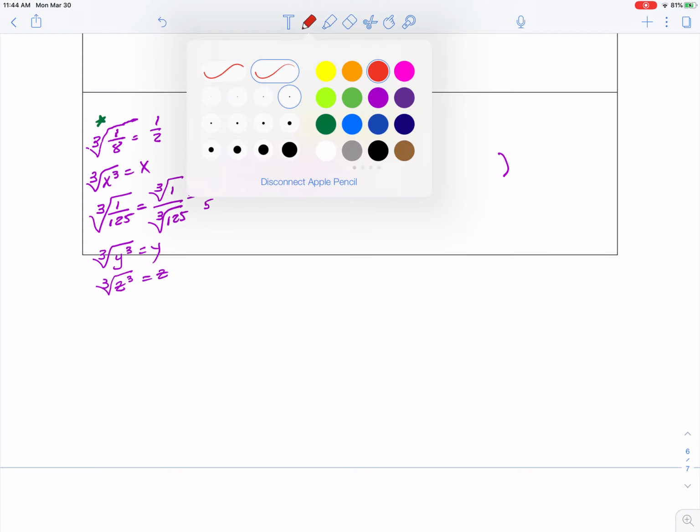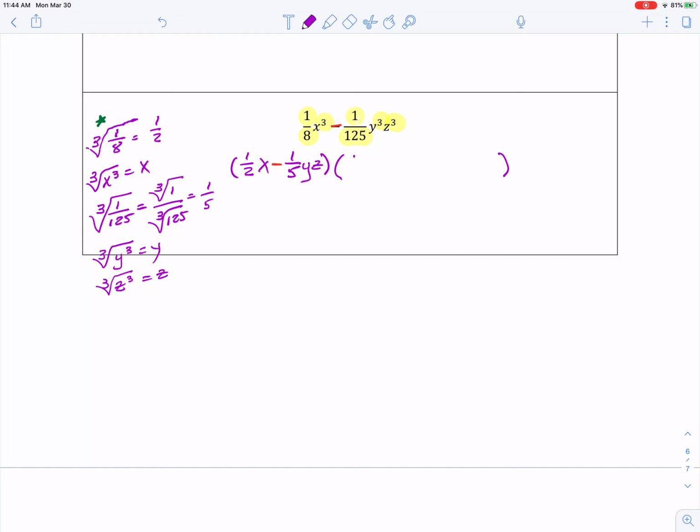All right, going over now to the trinomial. I take the first term and square it. I take the product of the 2 terms and use the opposite sign.